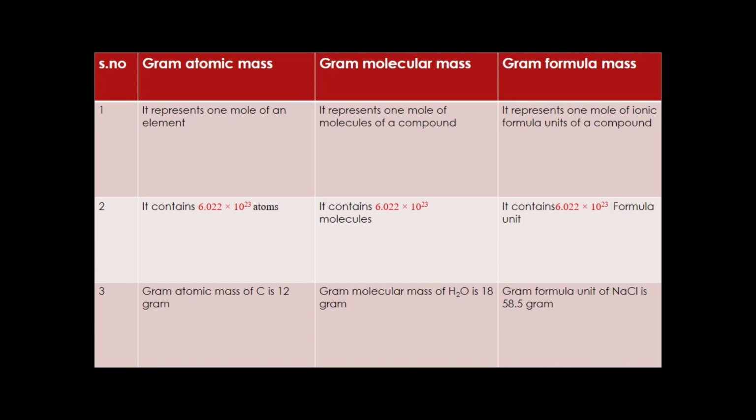Gram atomic mass contains 6.022 × 10^23 atoms, and the gram molecular mass contains 6.022 × 10^23 molecules, not atoms. And the gram formula mass contains 6.022 × 10^23 formula units. And the third point is that the gram atomic mass of carbon is 12 gram, the gram molecular mass of water is 18 gram, and the gram formula mass of NaCl is 58.5 gram.